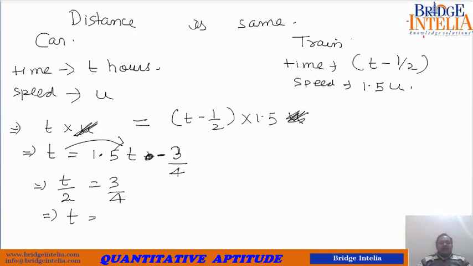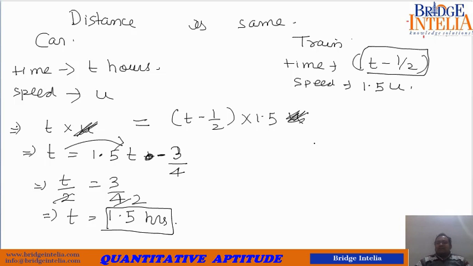From here it can be concluded that t is equal to 3 by 2 or equal to 1.5 hours. It means the car traveled for 1.5 hours, whereas the train traveled for t minus half hours. So train took 1.5 minus 0.5 hours. So that is equal to 1 hour.